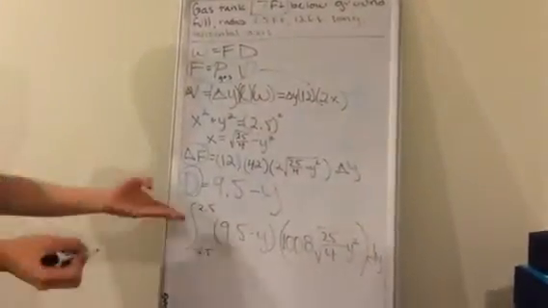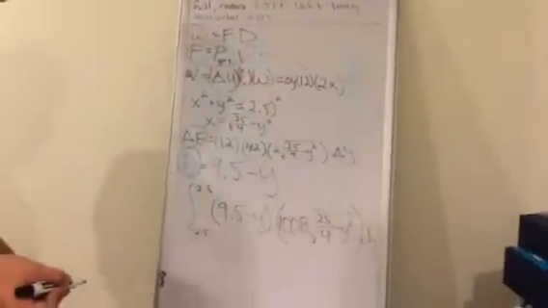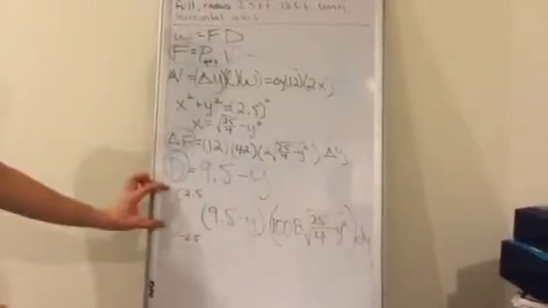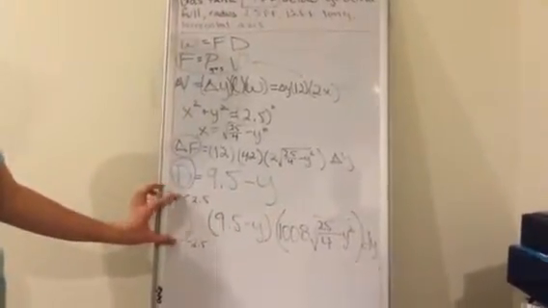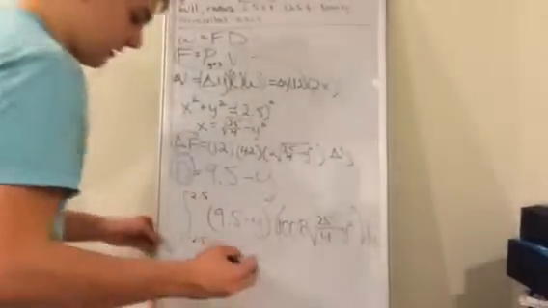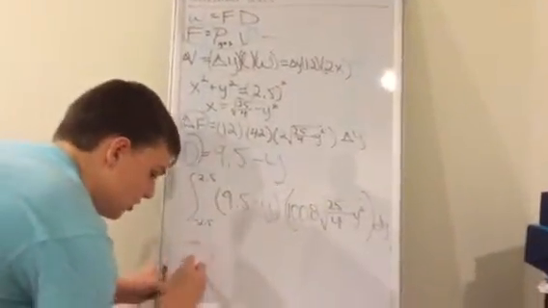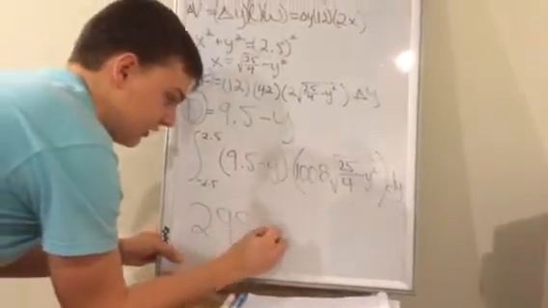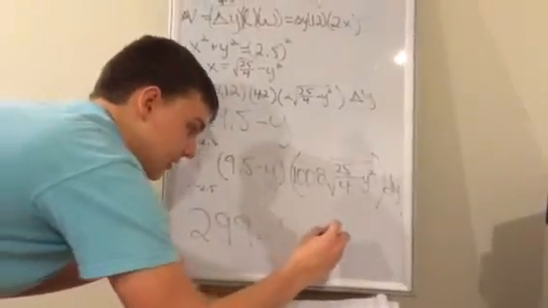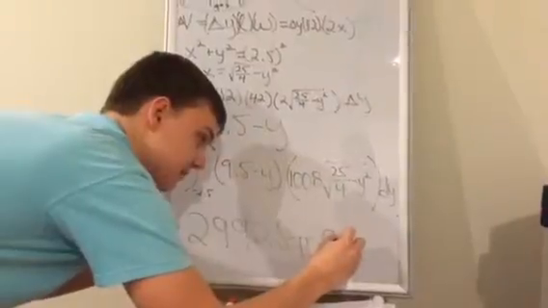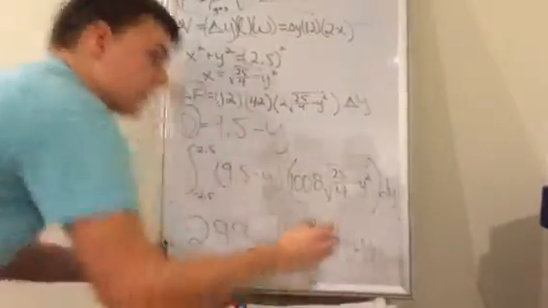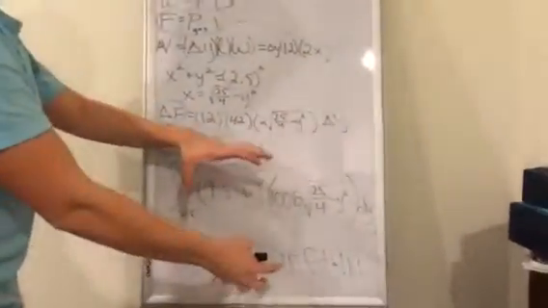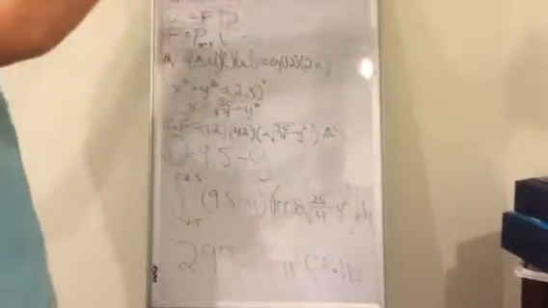Now, here it's just taking your integral and using the first fundamental theorem of calculus to plug in your limits. In the end, you will get 29,925 pi foot-pounds, which is the work it would take to pump the full tank of gas 7 feet above the ground.